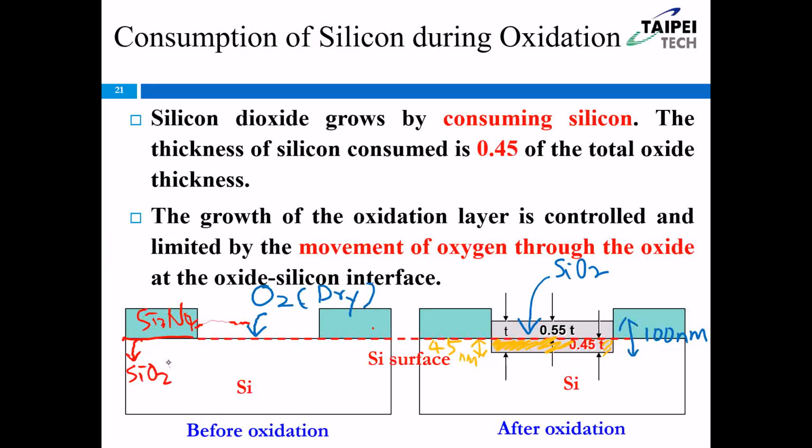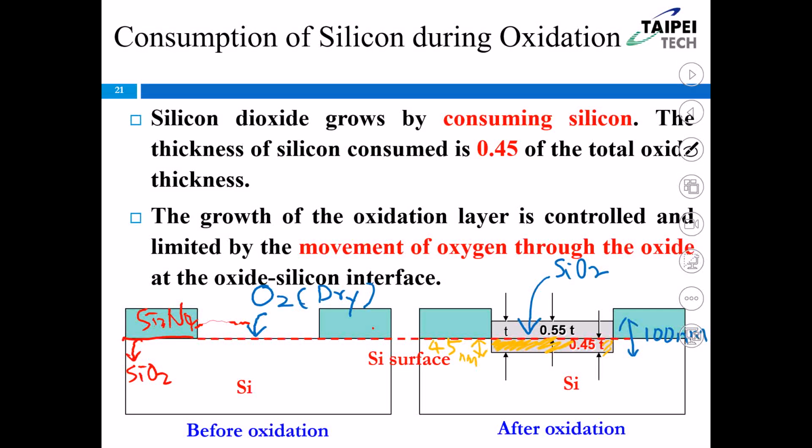So I just want to show you. Today if I want to grow the silicon dioxide in the center, then on the right side and the left side, I need to grow silicon dioxide first, a very thin layer, and then I need to grow silicon nitride. The green silicon nitride is just like a blocking layer.